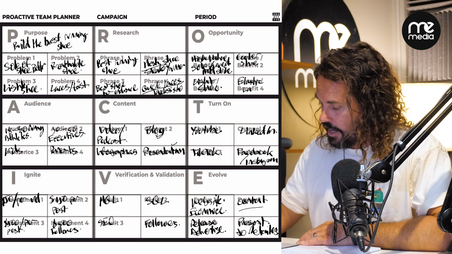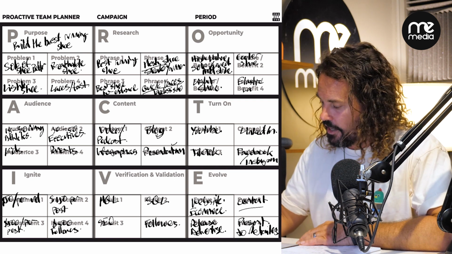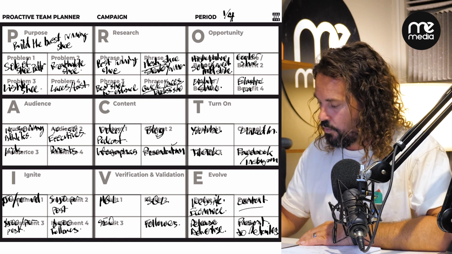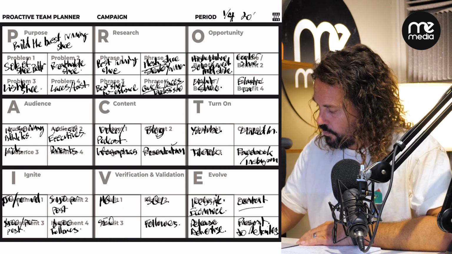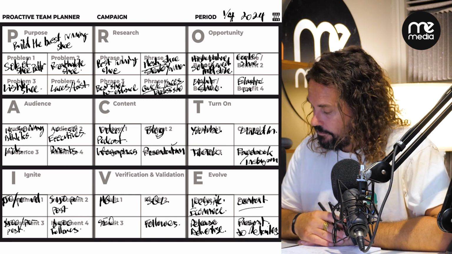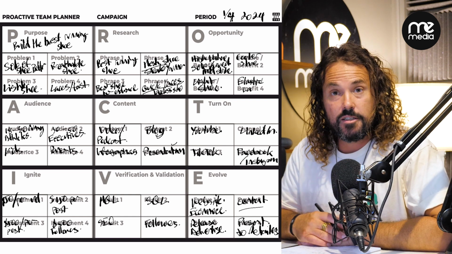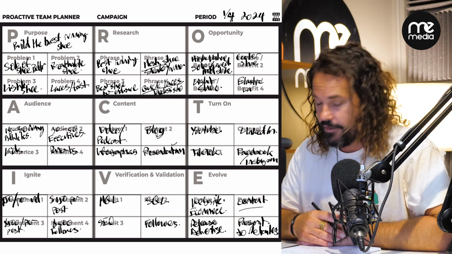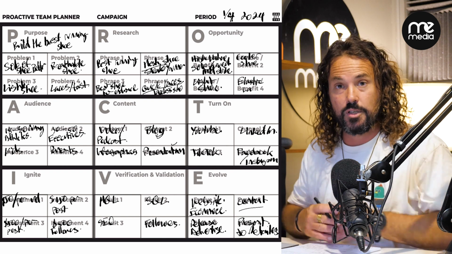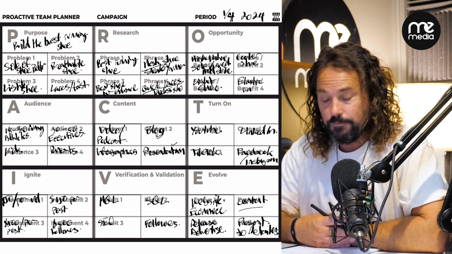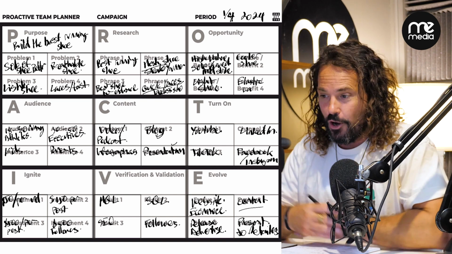And you could say, and the period up here is, okay, this is first quarter. Yeah, quarter number 1, 2024 for argument's sake, right? And this could be the start of it all. You might break this down to month 1 and go through each individual team's one-page proactive strategy.